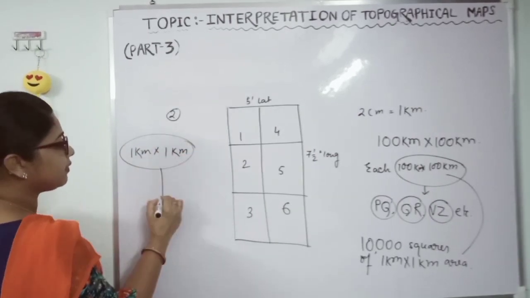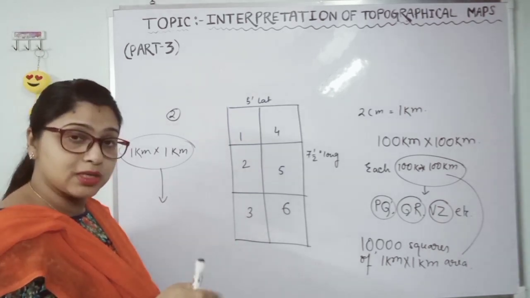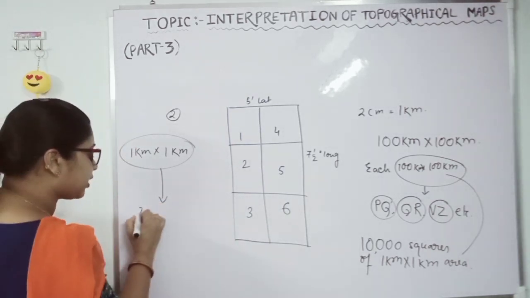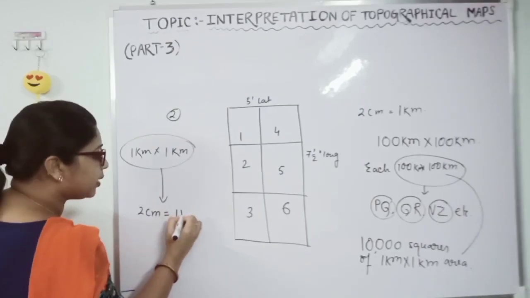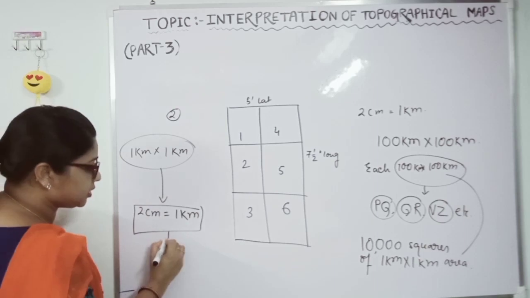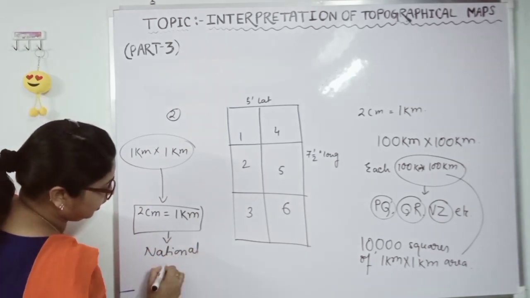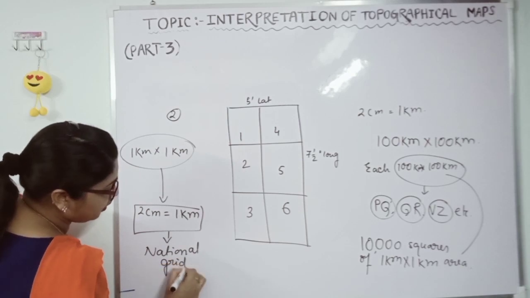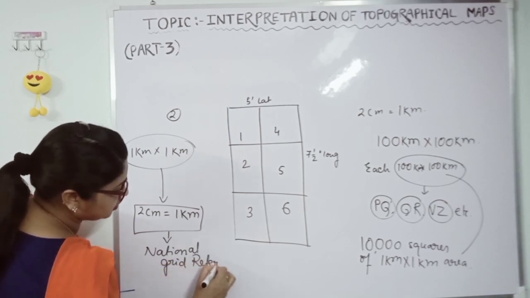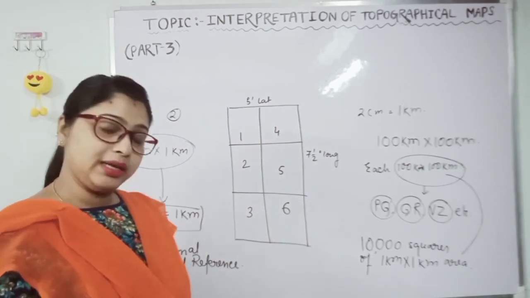So this is the concern of today's syllabus, or our grids, where we have taken 2 centimeter equal to 1 kilometer. Is it clear? So this process is known as National Grid Reference. Okay, so this is known as national grid reference.